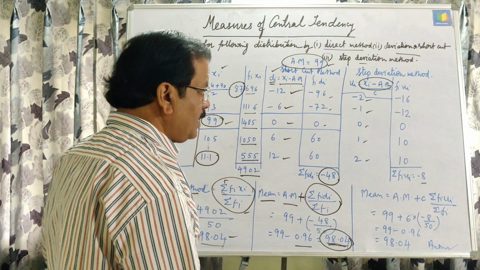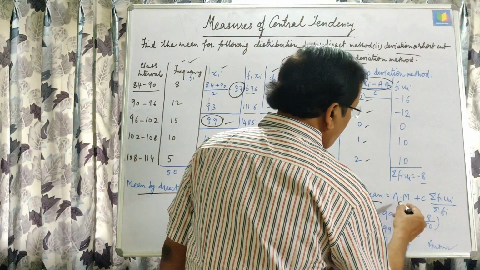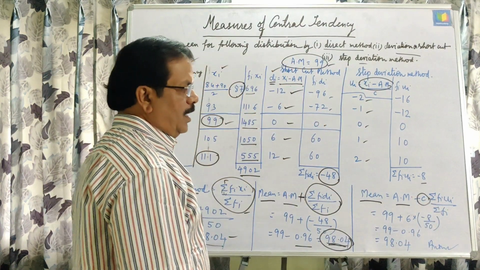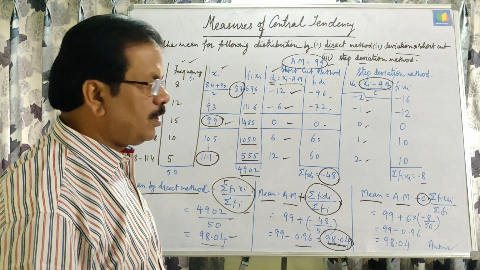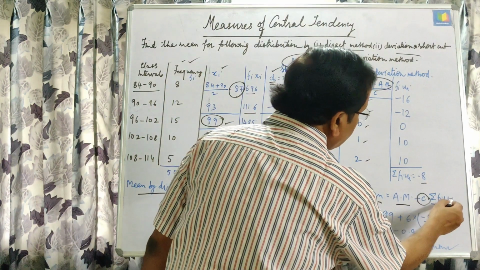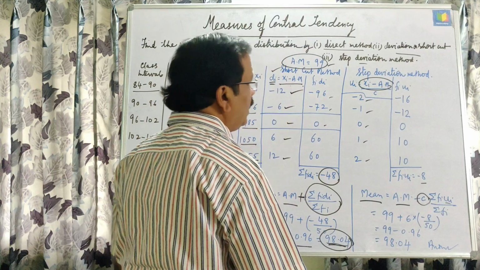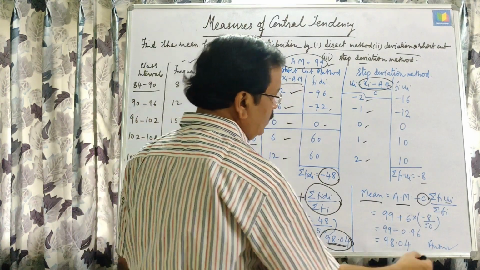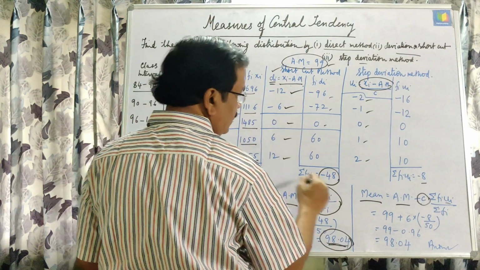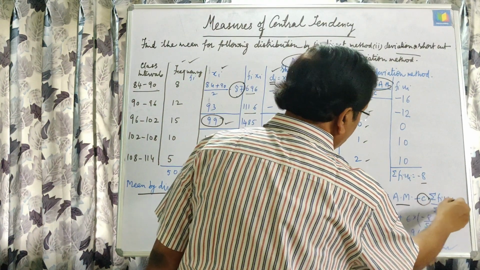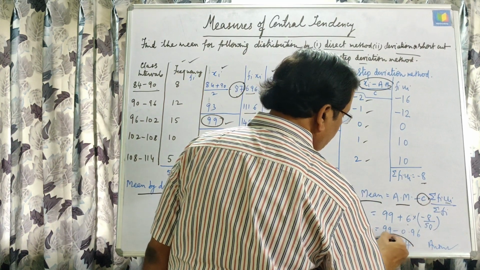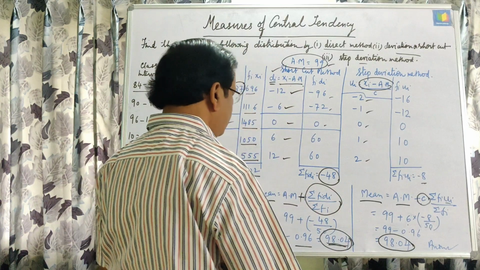In this case the mean will be assumed mean plus C. In some books this is written as I for the width of the class interval, that doesn't matter, or any other letter may be used in place of ui, but I am using C and ui. Then C is the width of the class interval, that is 90 minus 84, 6, multiplied by this minus 8 upon 50, and after calculating we are again getting 98.04.